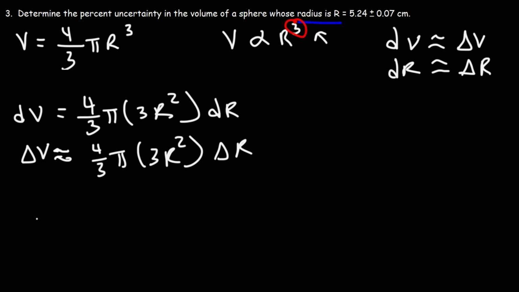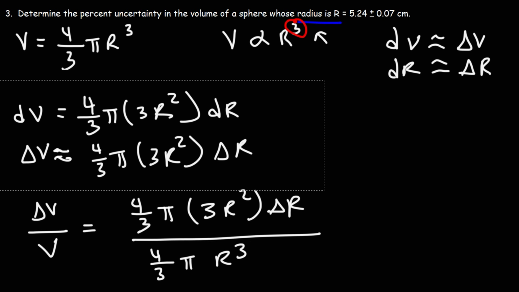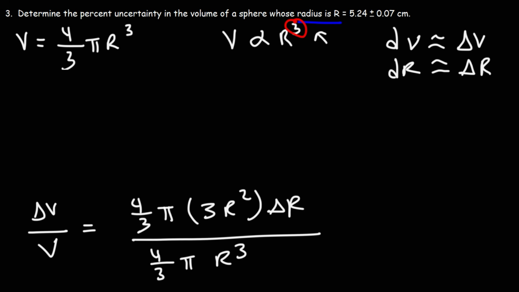So now if I write the ratio between the change in V and V, the change in V would be like the uncertainty or the error in V. The change in V is this stuff right here. So that's 4/3 pi 3r squared delta r. And then V is simply the original equation, 4/3 pi r cubed. So now let's simplify this.